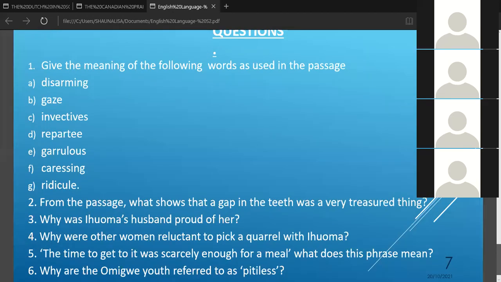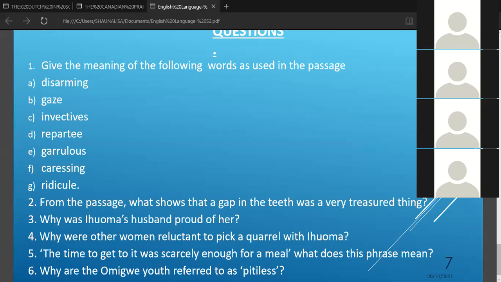So is that okay? Okay, then let's go to repartee. Excuse me, Shona, I didn't get the meaning of invectives. Okay, Denise can repeat it for you.